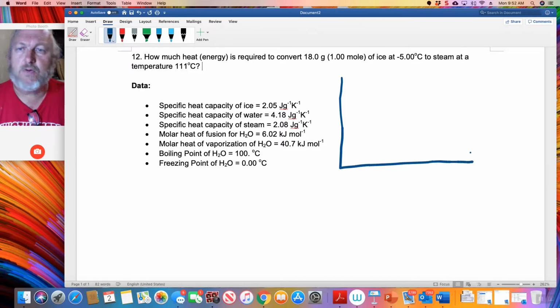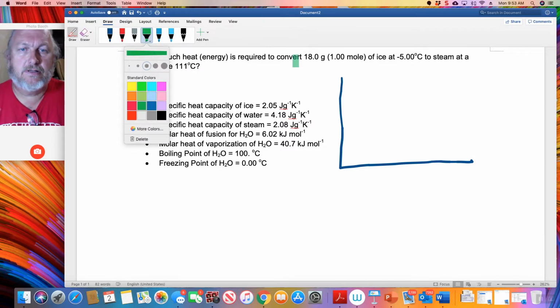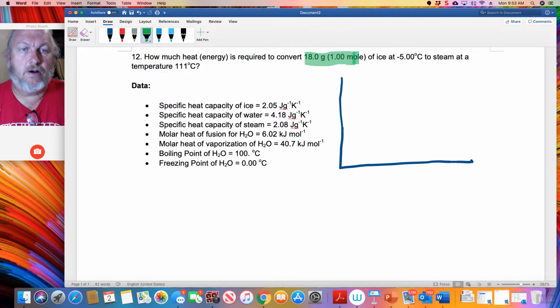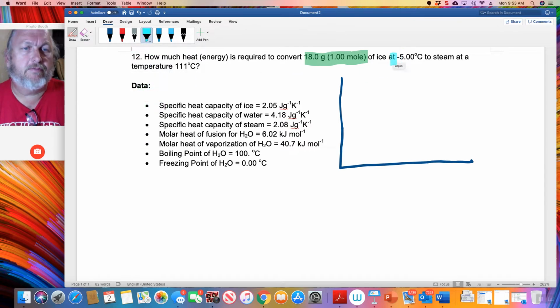And this question, let's read it. How much heat or energy is required to convert a mass of 18 grams, or 1 mole, of ice? We're going to convert it from ice at minus 5C.